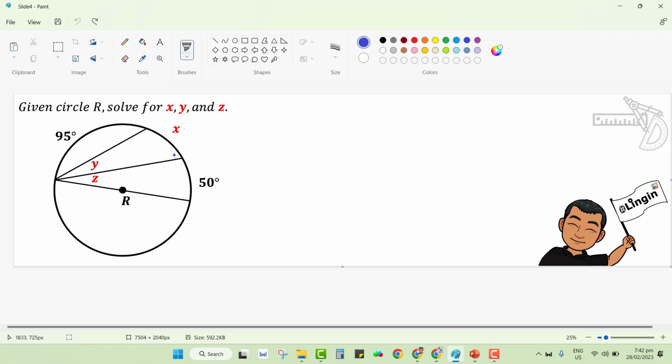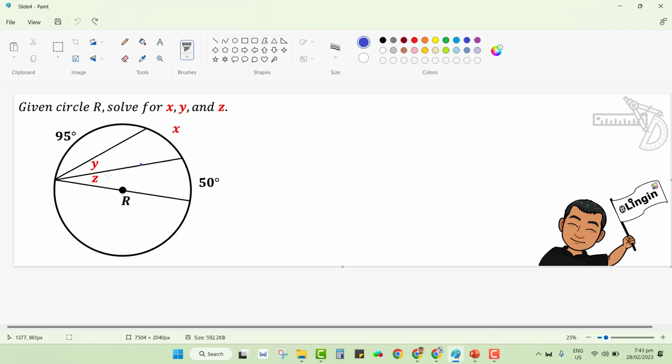X here is this arc from this point to that point. Y is what we call the inscribed angle intercepting arc X. It is considered an inscribed angle per definition, as this angle represented by Y has its vertex as a point on the circle, and its sides are chords.